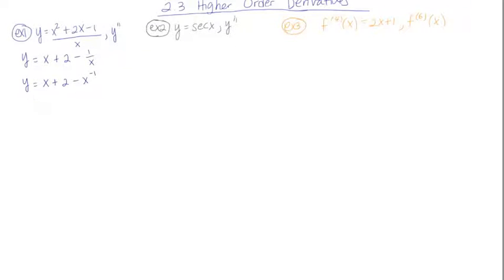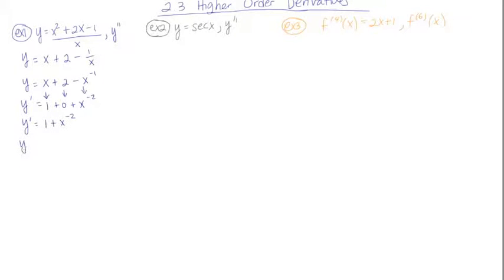Finding the derivative of this will be pretty easy. The derivative is going to be 1 plus 0 plus x to the negative 2. Cleaning that up, we're left with just 1 plus x to the negative 2. The 0 doesn't really contribute anything.